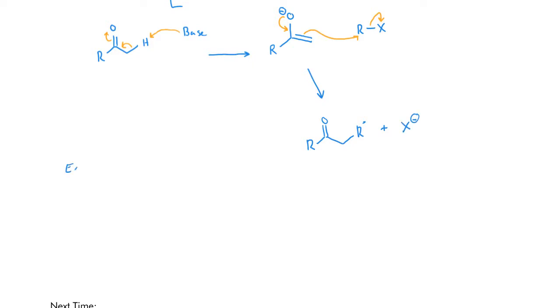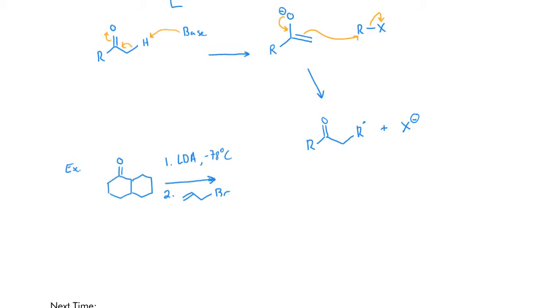Let's look at a few examples. All right, so if we look at the substrate, we have a ketone. It's cyclic, and it has a cyclohexane ring attached to another cyclohexane ring.